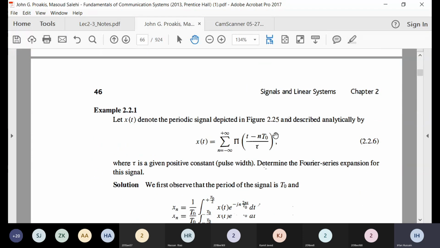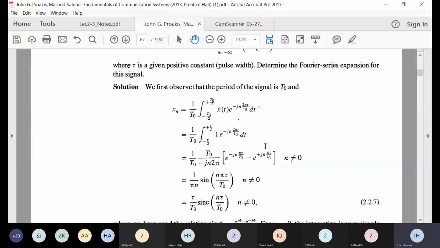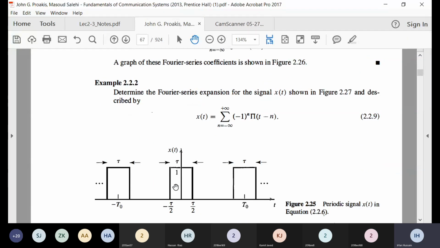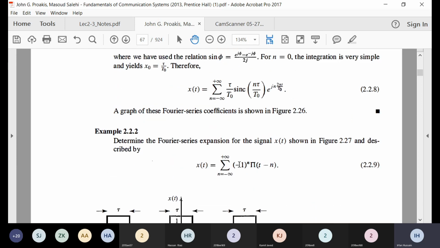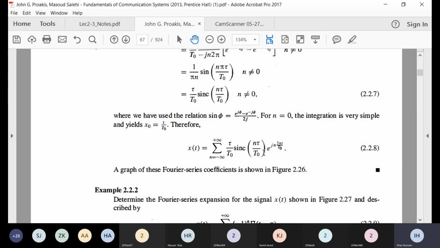This is again a train of rectangular pulses, same train there. Now it is a tau, it is repeating at t naught. So t naught is my sampling frequency. The width is tau. So we saw that its Fourier series coefficient will be given as follows. So it will be tau over t naught sinc n tau over t naught.